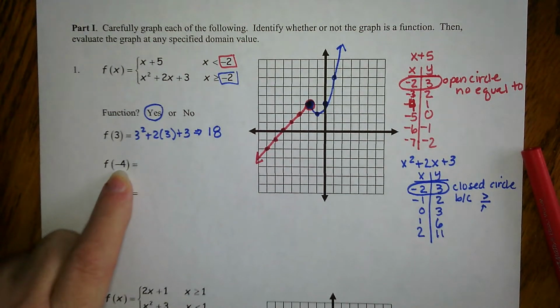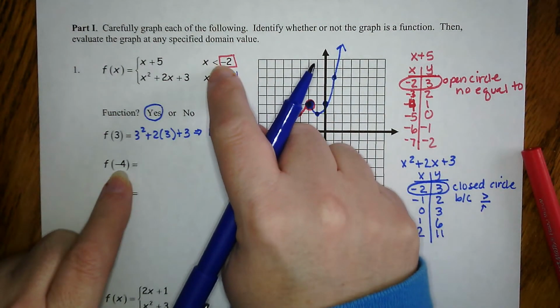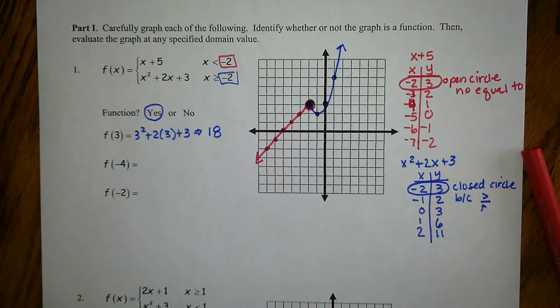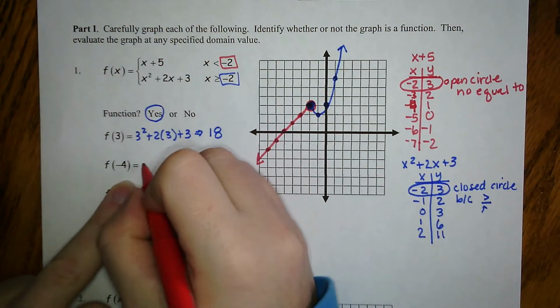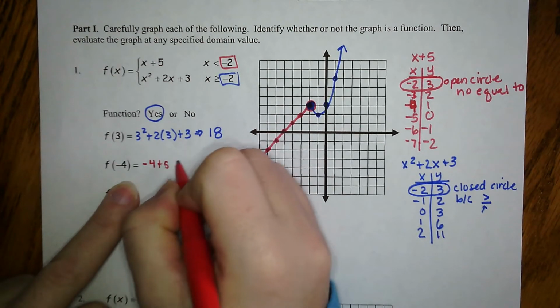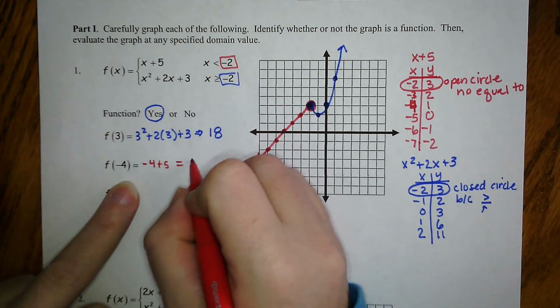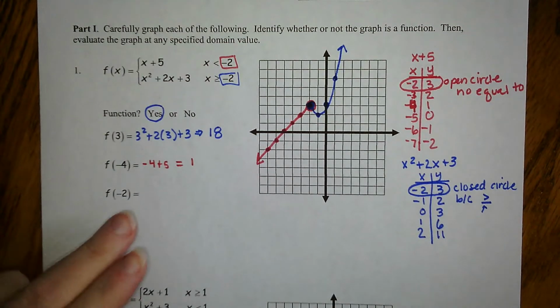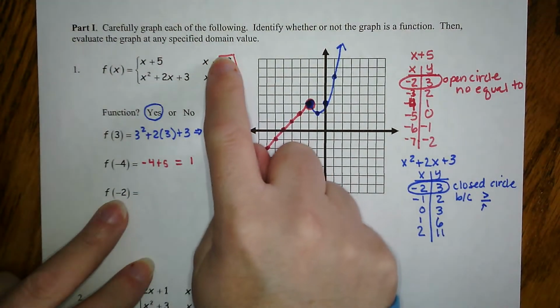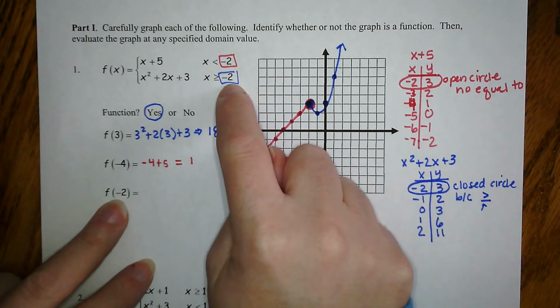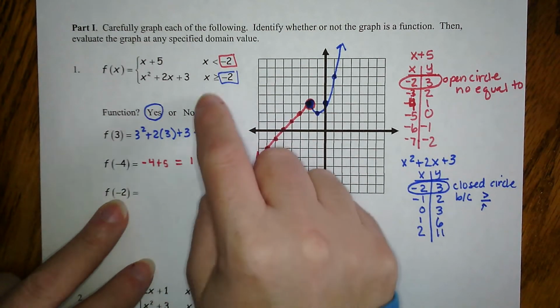-4 falls into which category? Well, -4 is less than -2, so that would be red. So we're going to put -4 into this function, -4 plus 5, and that's going to give me 1. And -2, that's our last one. And -2 doesn't belong to both of these. -2 belongs to the one where there's an equal to.